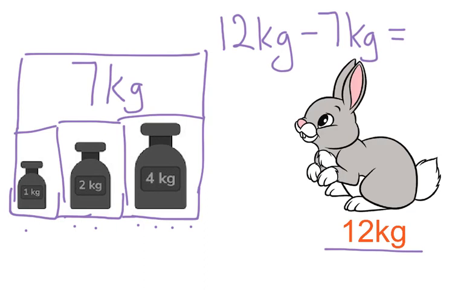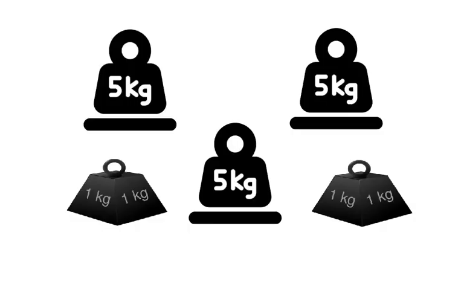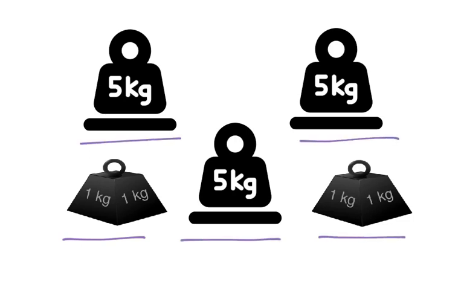I'm going to count back from 12 to 7. 12, 11, 10, 9, 8, 7. So the difference is 5 kilograms. Remember, kilograms are the larger measure and grams are your smaller measure. Have a go at your lesson, and I wish you luck.